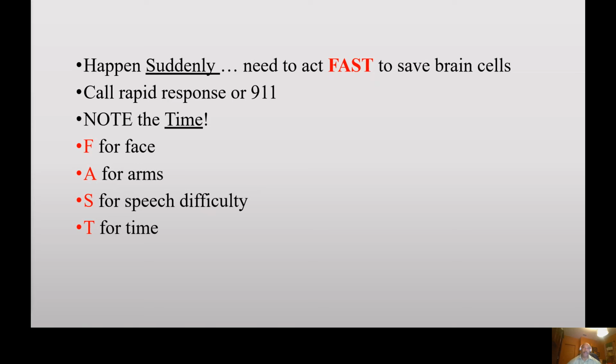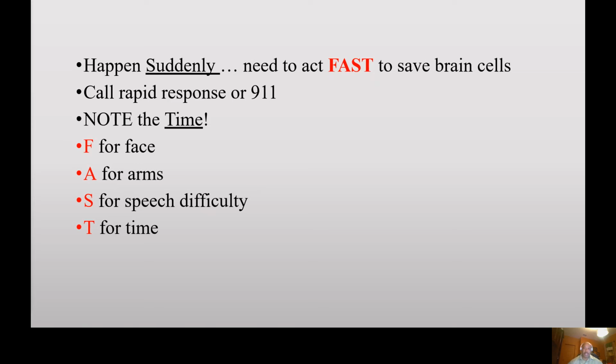Let's say 5 o'clock in the evening, and they're at the facility by 5:30. Then you want to let them know, hey, I first noticed this at about 5 o'clock. And so the healthcare team knows they have until about 9:30 to administer the TPA.